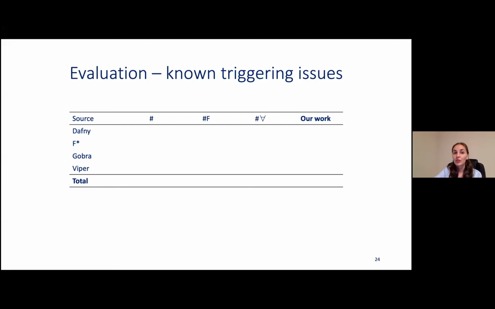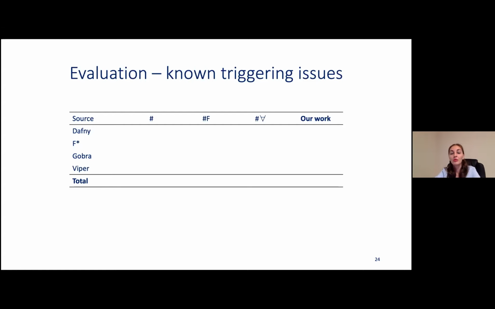So in terms of evaluation, we have collected benchmarks with non-triggering issues from various verifiers. We have collected unsound axiomatizations from Dafny, F-star, and Cobra, and examples with incompleteness from Viper.